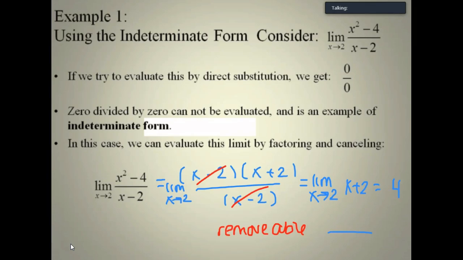So what that means is graphically, when x is approaching 2, there is a hole at 4. So directly substituting gave you 0 over 0. Factoring and canceling gives you 4.